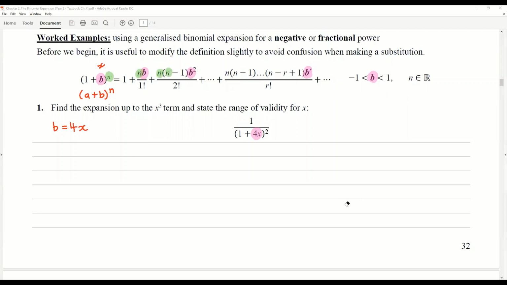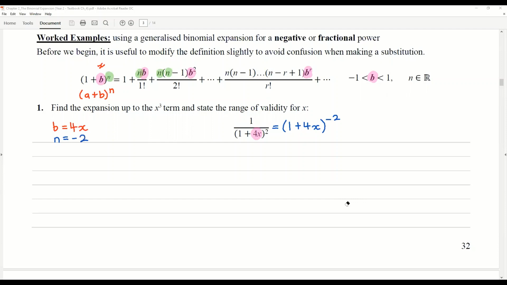Now, to get our n, of course, we need to find out what power we're raising our 1 plus 4x to. So it's clearly going to be (1 plus 4x) to the power negative 2. So that gives us our n. Our n is going to equal negative 2.